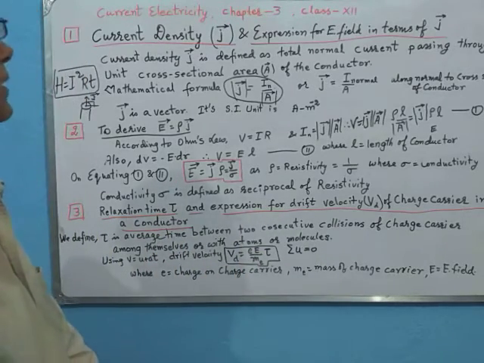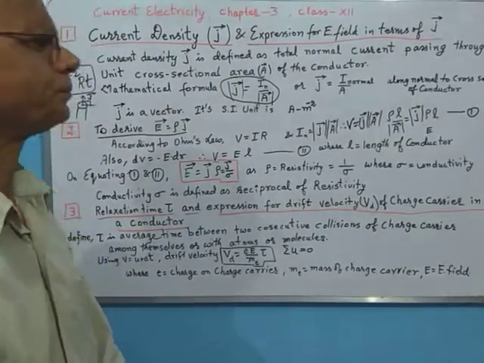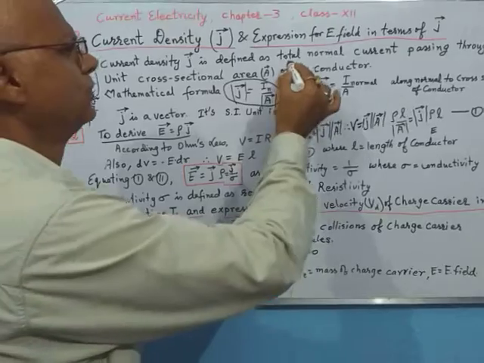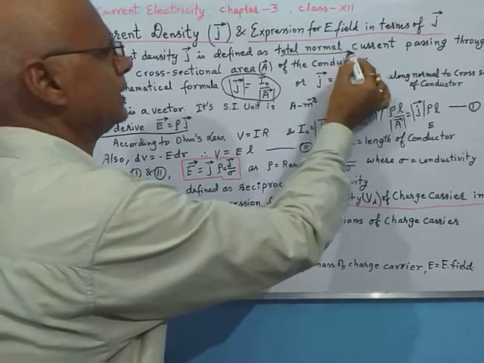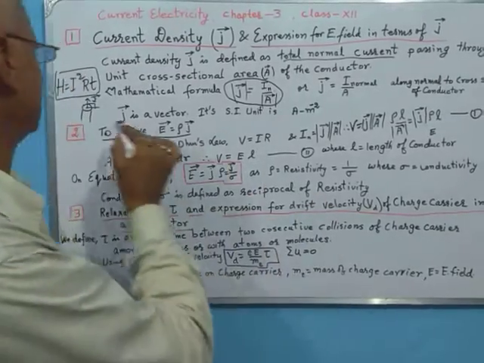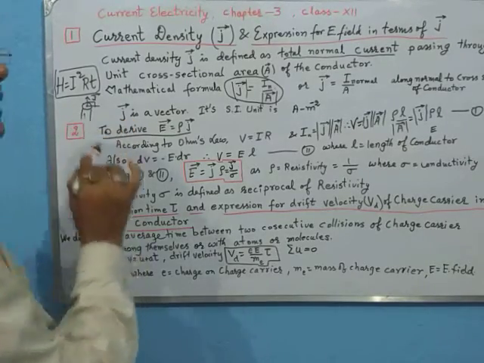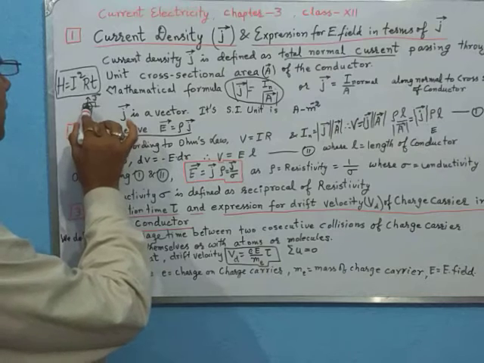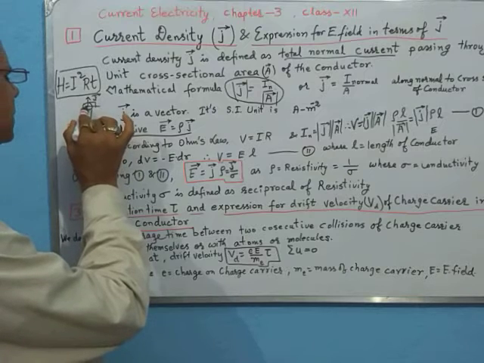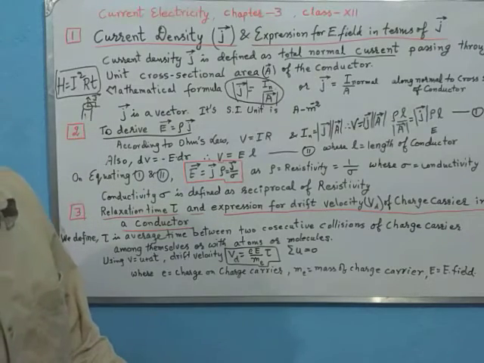Now students, today we will talk about what is the current density. Current density is expressed by J, and we define it as the total normal current passing through unit cross-sectional area of a conductor. Means if there is a conductor and some charge is flowing through it, then whatever charge is flowing per unit cross-sectional area of the conductor, along the direction perpendicular to the surface of the cross-sectional area.